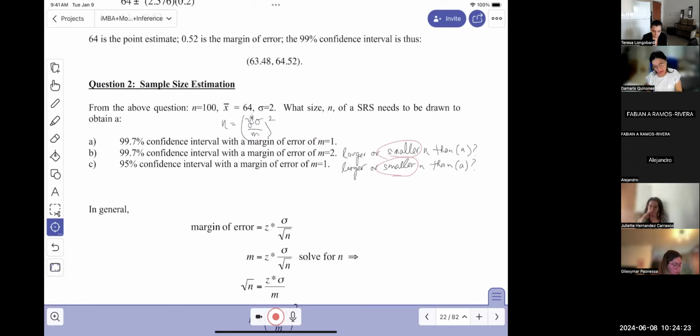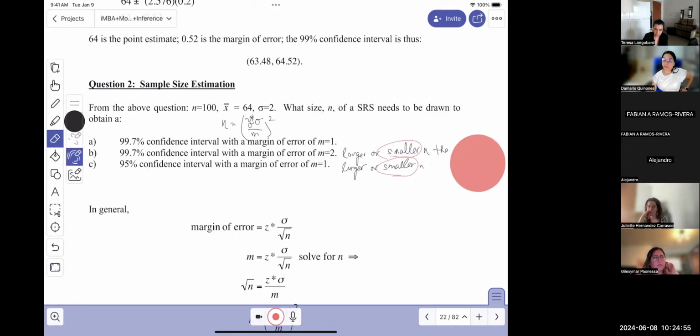So what about the B and C? We want a 99.7. No, I'll do A and C. Sorry. So between A and C, same margin of error, but different confidence interval. Which one requires a larger sample size? A or C?